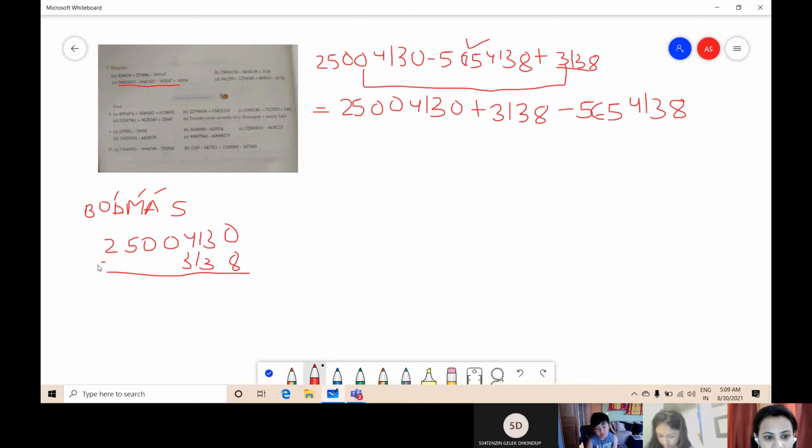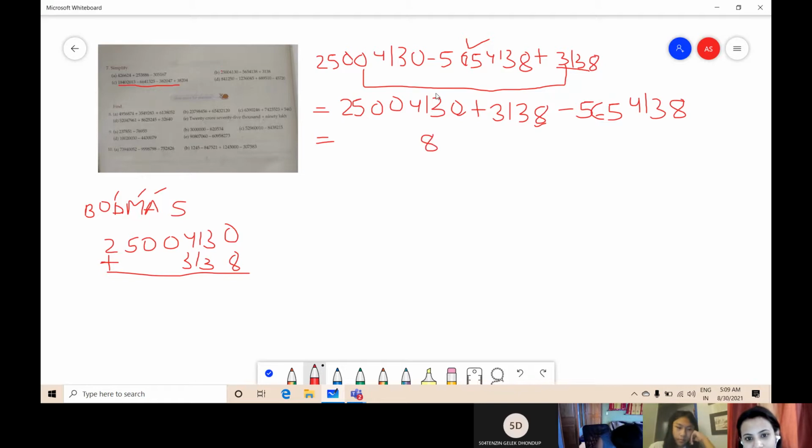So now what we will do, we will add. Okay, see here, there are two methods of adding this. First, we can make the column and add in the rough. And the second method is you can directly add here. How can you directly add here? See the second method of adding. You will add the ones place together. 0 plus 8 will be 8, and write this in the ones place.